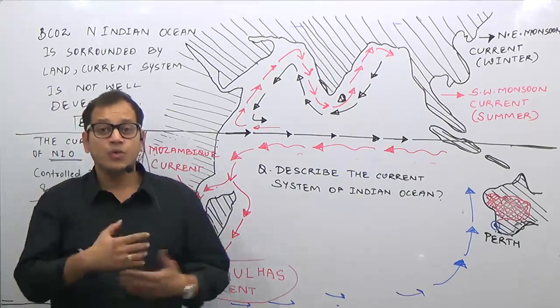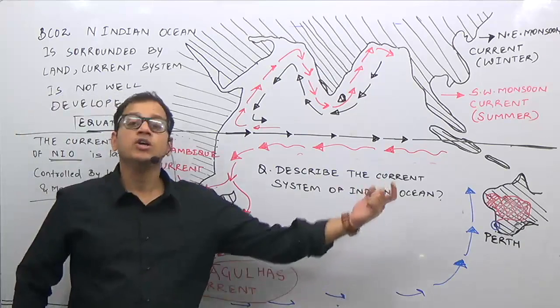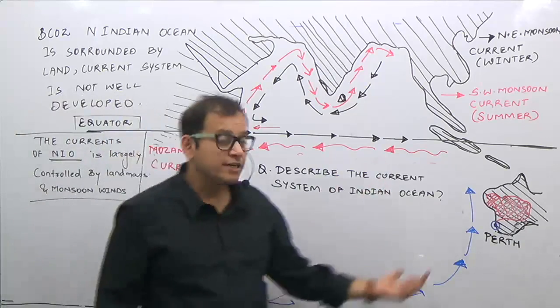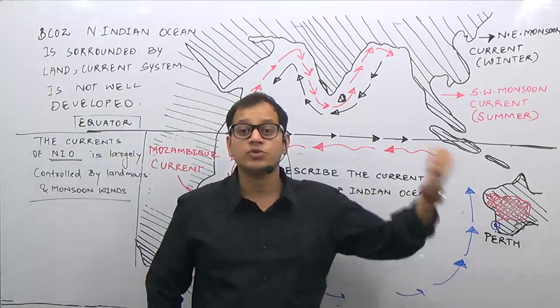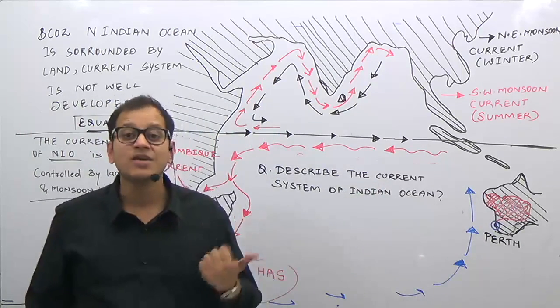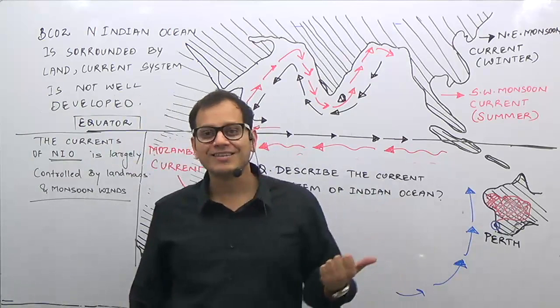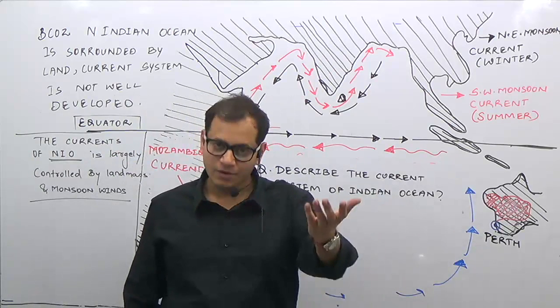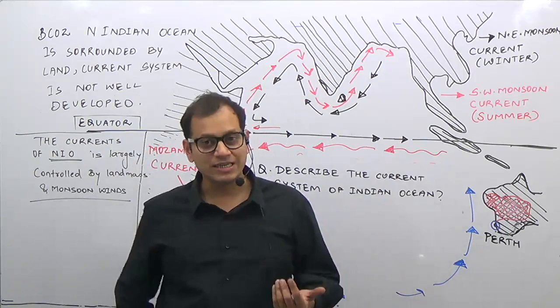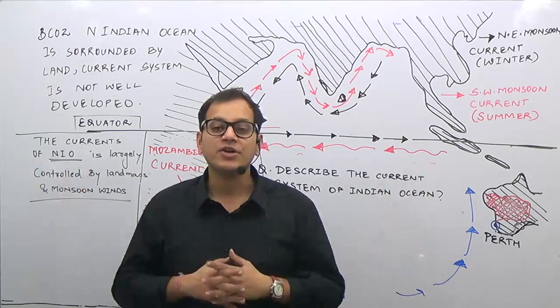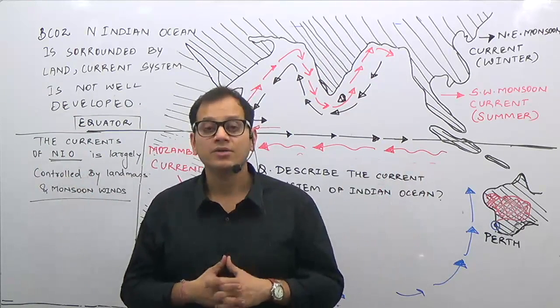On the other hand, the West Wind Drift is deflected northwards, or leftwards, to hit the western coast of Australia as the West Australian current. Now this West Australian current is associated with what? With the Great Australian Desert.